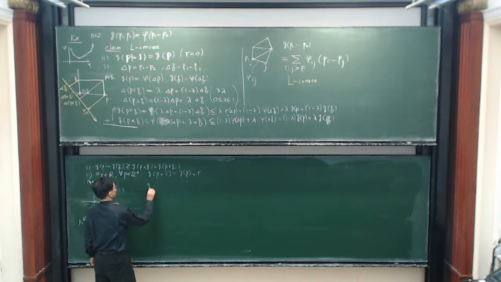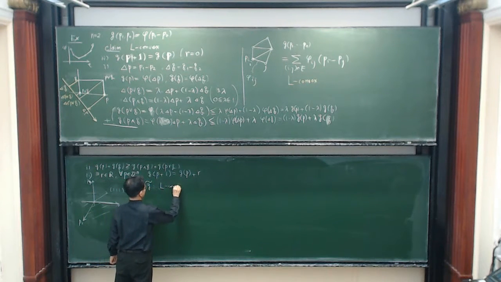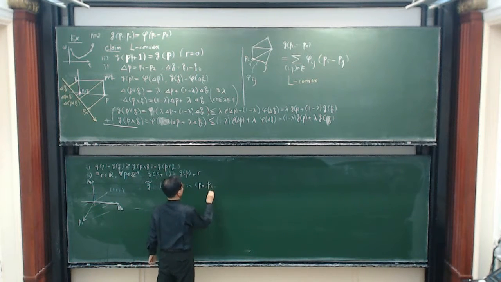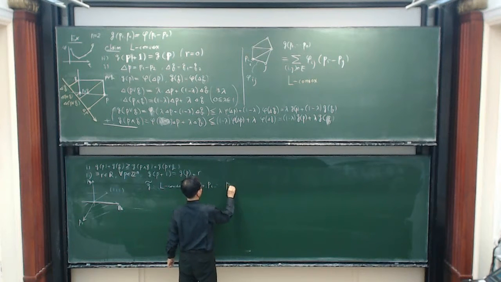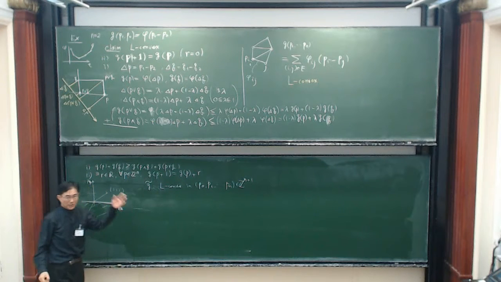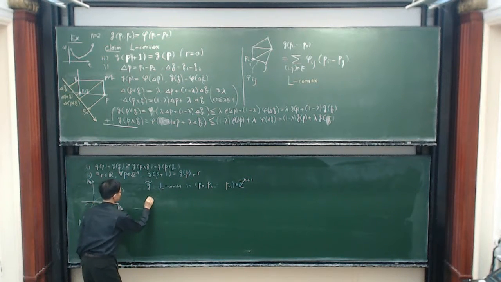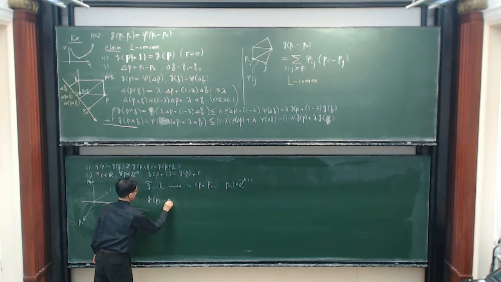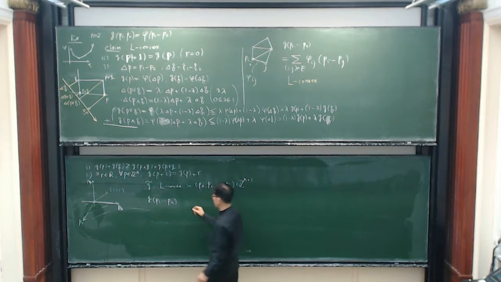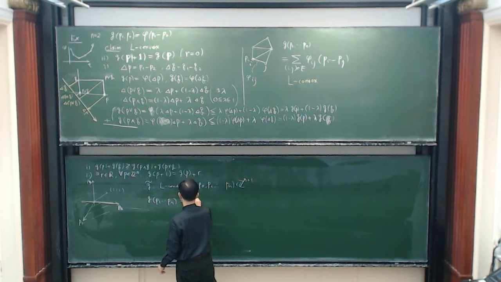So now suppose g tilde is L-convex in variables p0, p1 to pn. Okay, so suppose we have an L-convex function in n plus 1 variables. Then we define function g by fixing, say, just one coordinate, say p0 to 0.